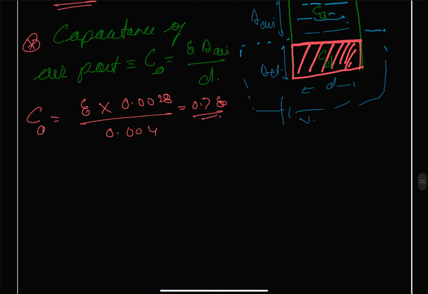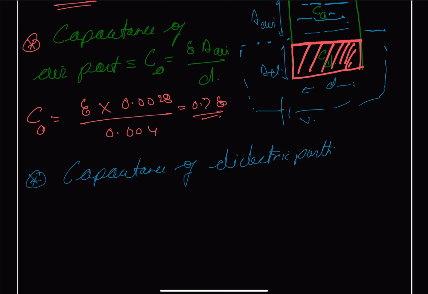Similarly, we find out the capacitance of the dielectric part, which is our C D, equal to K epsilon naught times area of the dielectric, and the distance between them is the same. K is given to us as 5.